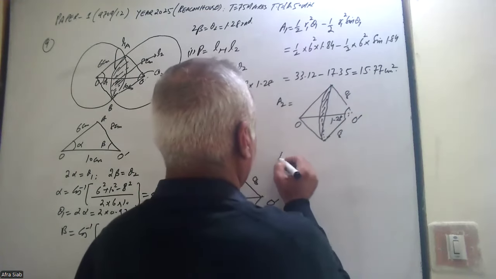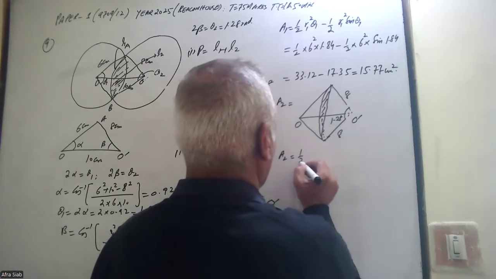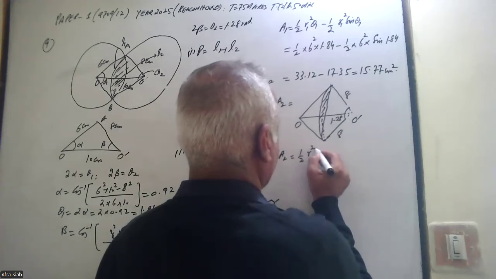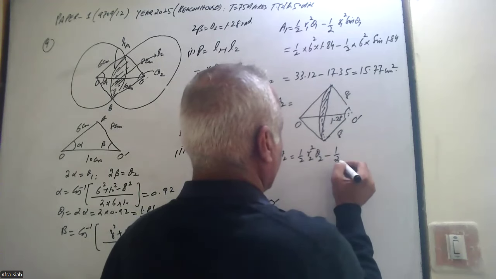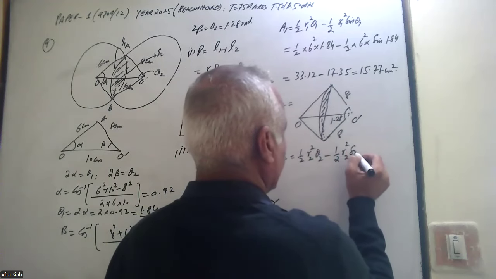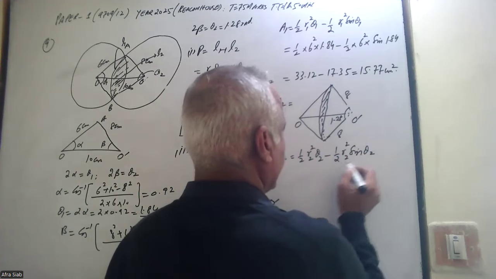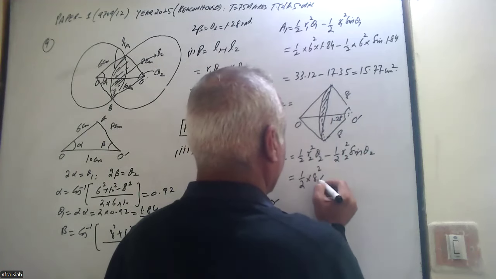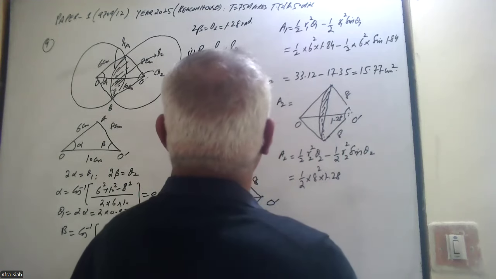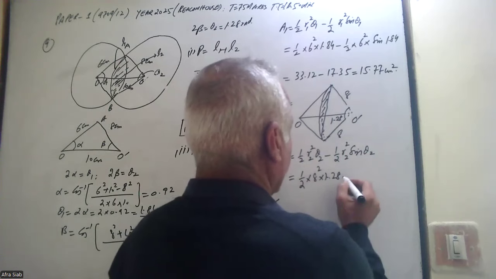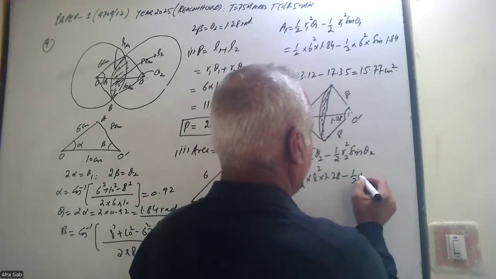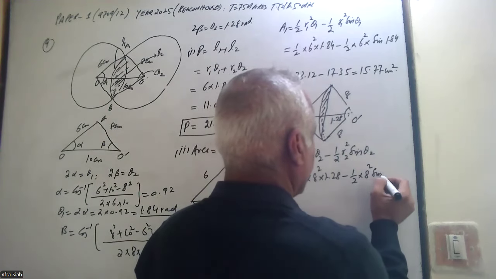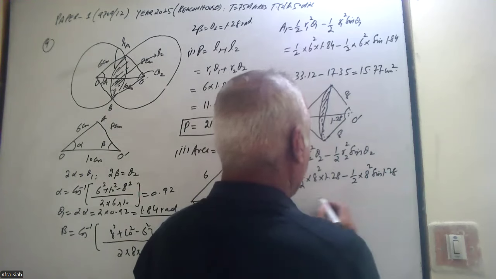So area A2 is equal to half R2 square theta 2 minus half R2 square sine of theta 2, which is equal to half into 8 square into 1.28 minus half into 8 square sine of 1.28.